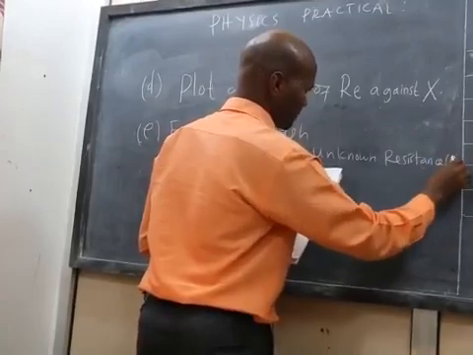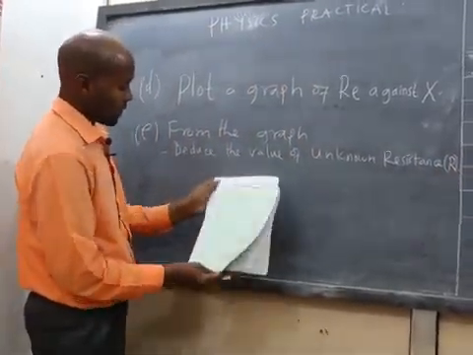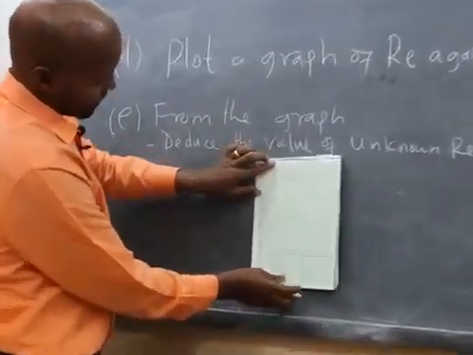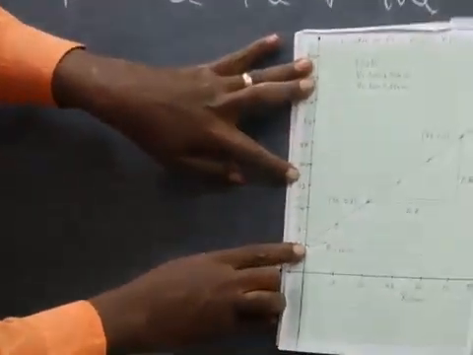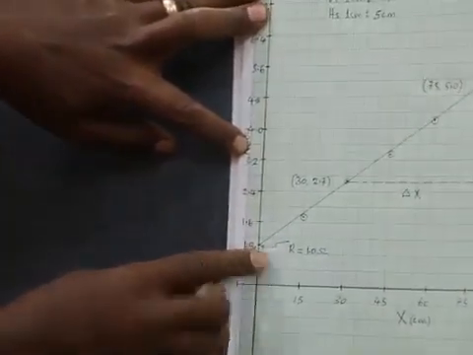That was R. From the graph you can see the intercept where the graph cuts here around 1 ohm. So from the graph R is equal to 1 ohm.